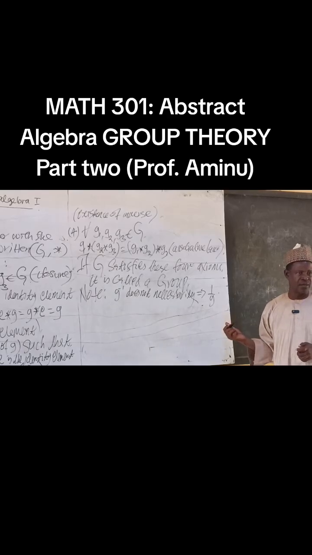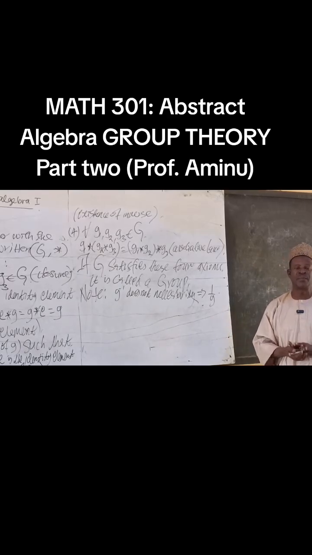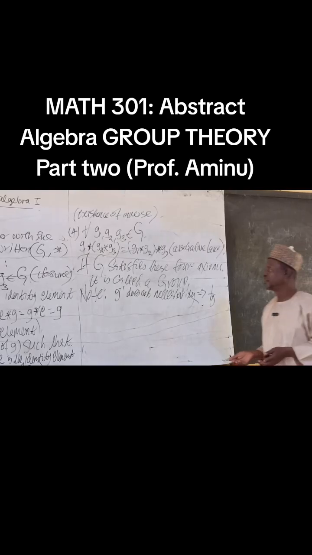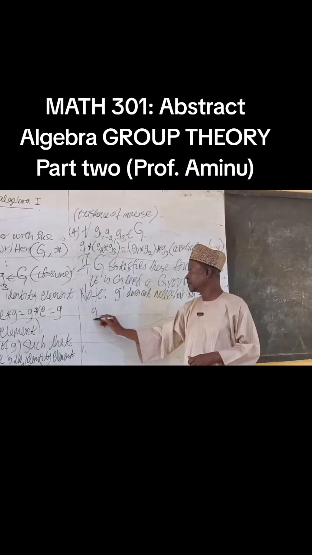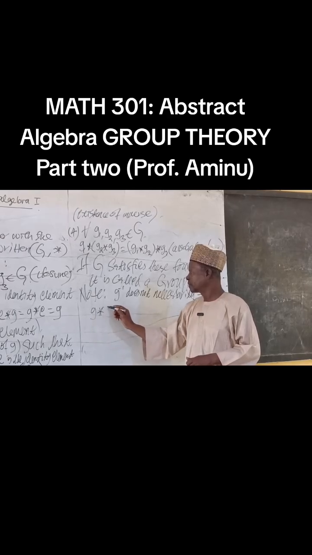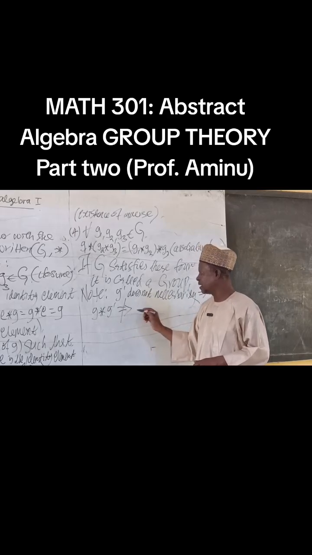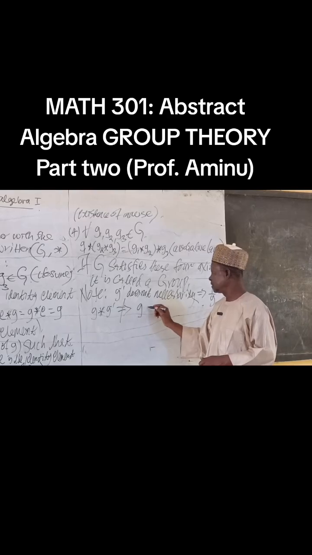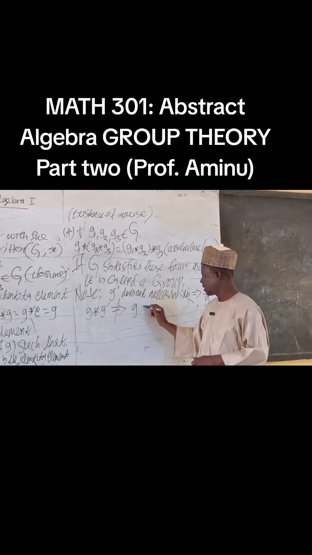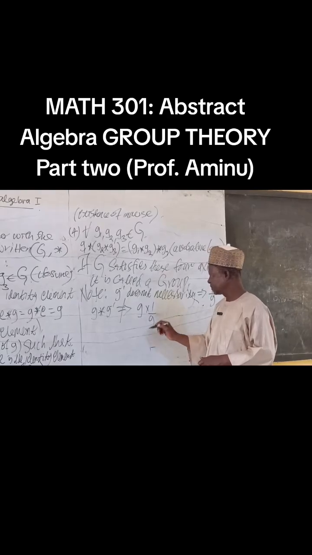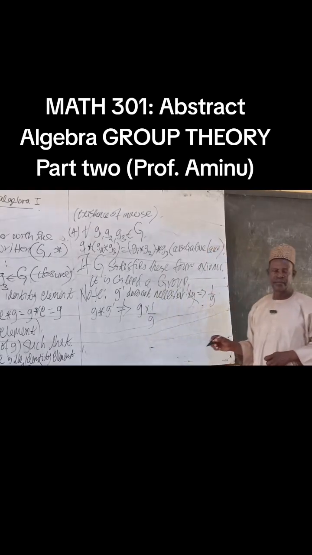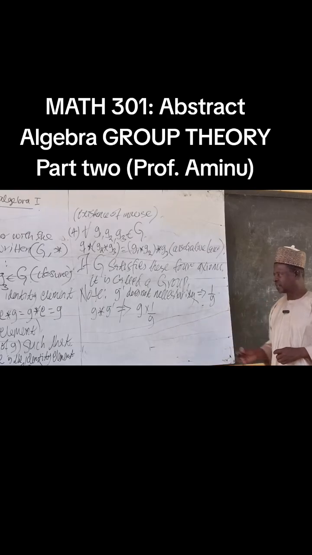When you write G inverse, you don't necessarily mean 1 over G. So when I say G star G inverse, it does not necessarily mean G times 1 over G. Okay? Because we are not doing calculations here.